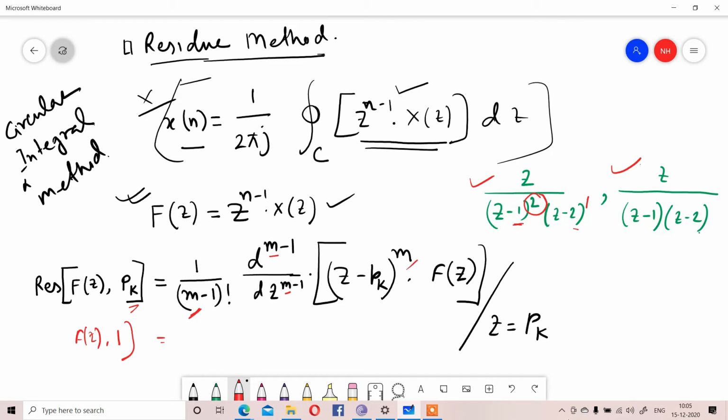See, for the second case, the power is 1 for each and every pole. So the value m equal to 1 for each and every pole, each and every case.